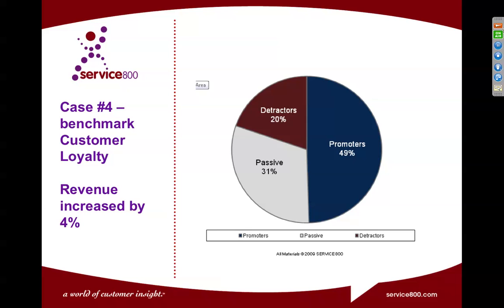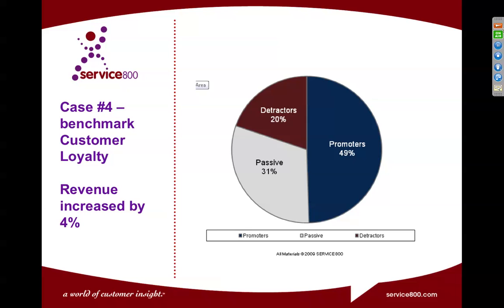This is primarily in the area of would a customer recommend the products and services of the service company. Customers are considered promoters if they responded 9 or 10 on a scale of 0 to 10. They were considered detractors if they responded 0 to 6 on that scale, and passive if they were 7 to 8.